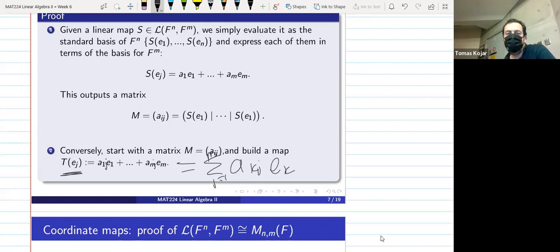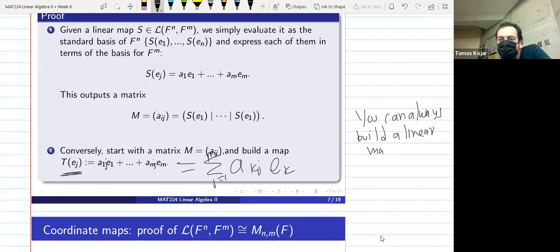So this will be your map. And the lesson is you can always build a linear map by just defining it on the basis.